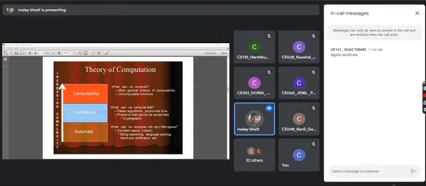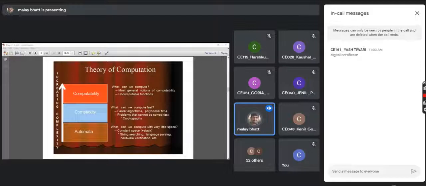So this theory of computation has three main stages: the automata, the base of theory of computation, then we have complexity, how fast we can do, and then we have computability, can we compute everything through a computer. So these are the three main components in the theory of computation. Our focus will be on automata only, how automata works and what automata actually is. That is our main goal.